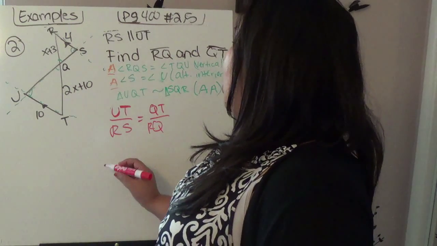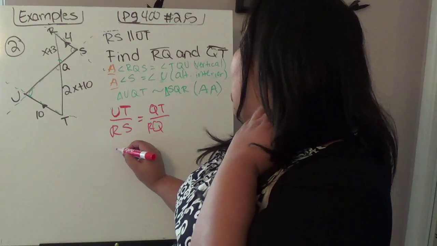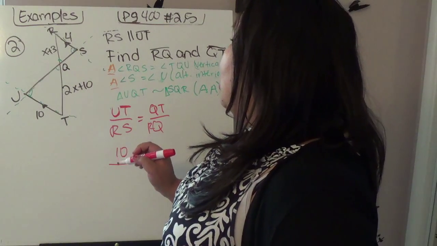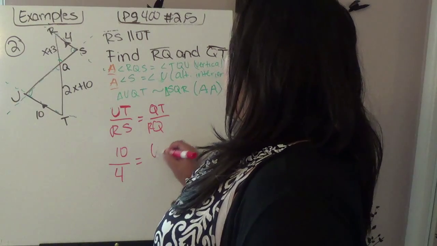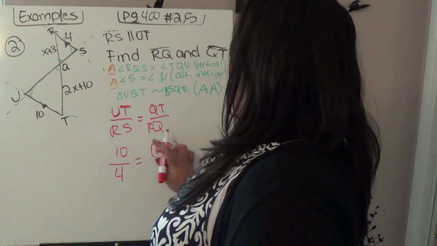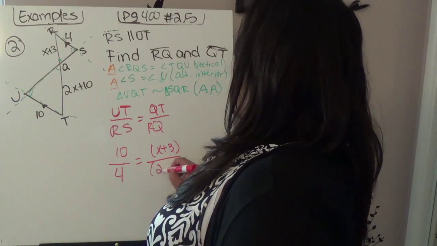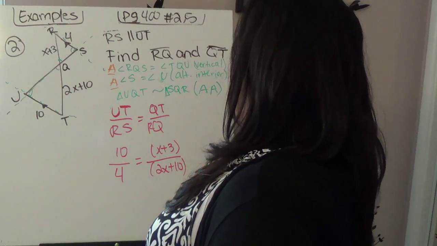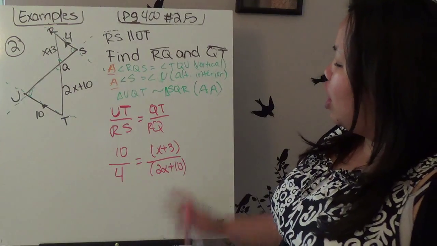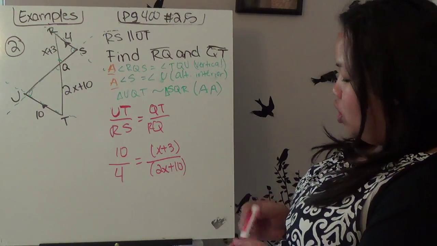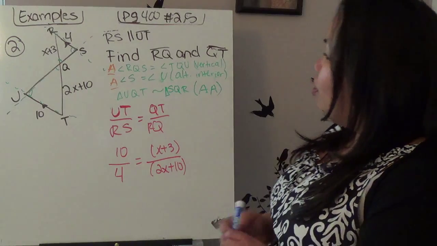So now I can plug it in. UT is 10, RS is 4, over x plus 3 and 2x plus 10. Once I find a number I can find the scale factor, then the rest I just have to solve. This is all from 7-1.